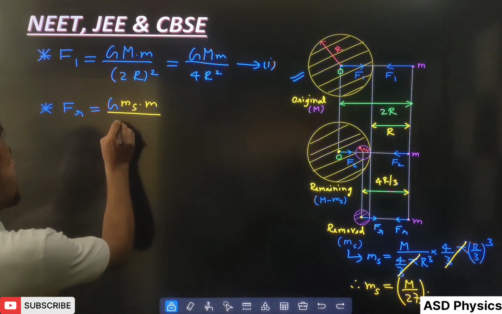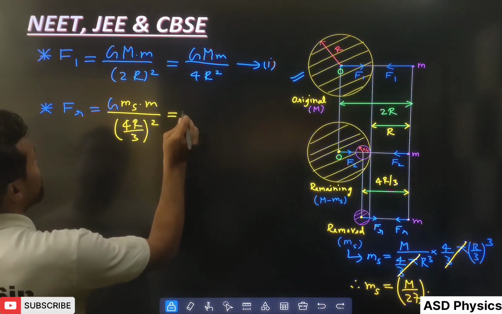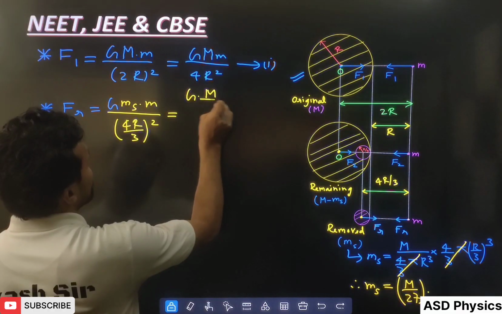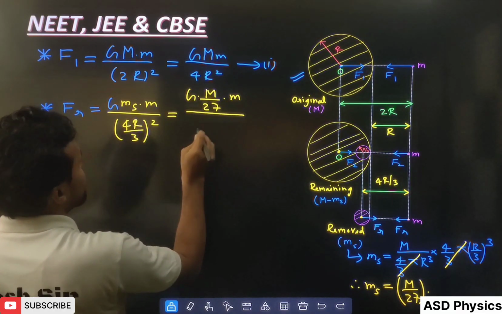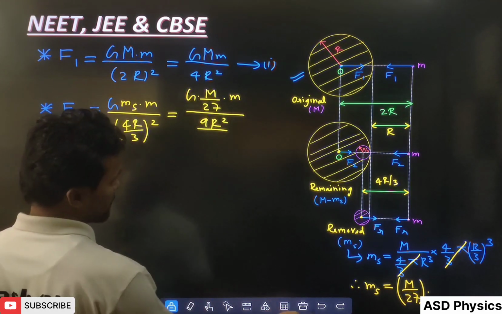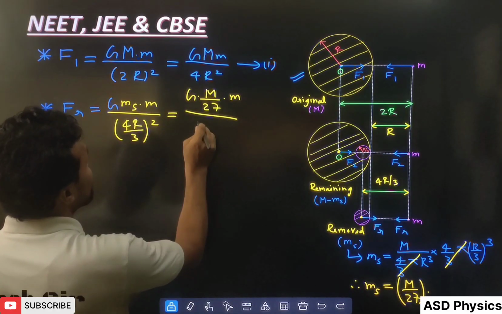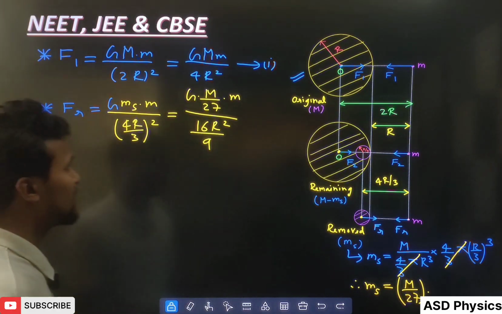Okay, so here we can write 4r by 3 whole square. So let's simplify this here. G, Ms value we have got here, M by 27 into small m, and here what is coming? 16r square by 9, is it? So see, 4r squared is 16r square by 9. Let's simplify this.